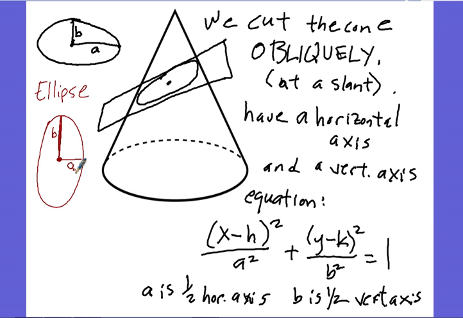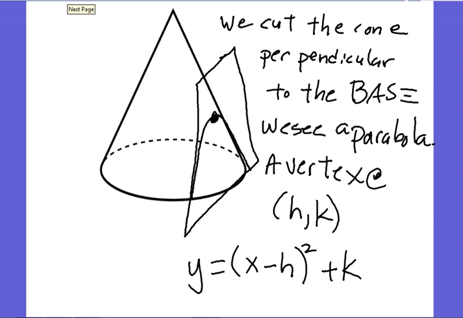So there's one more cut for a cone. What do you think? Straight down, a vertical cut. If I cut it vertically, so imagine I come at a cone from the top. What shape do you notice?